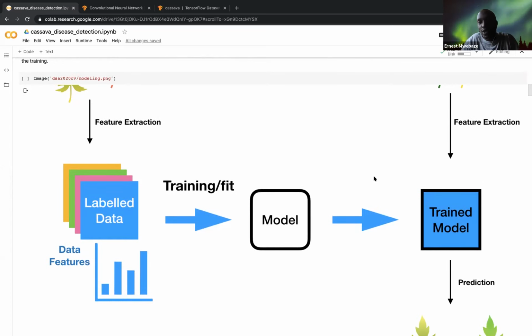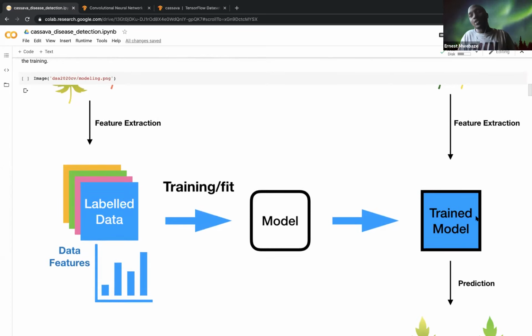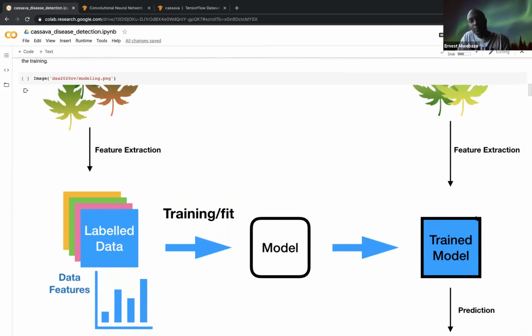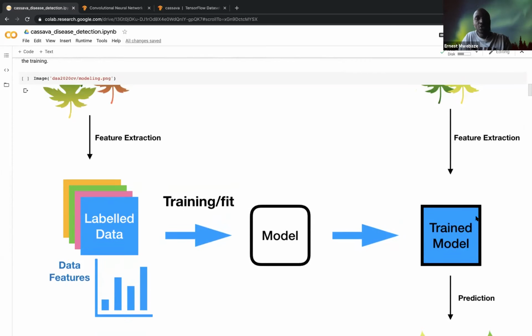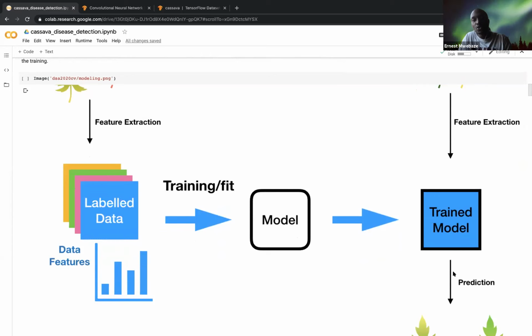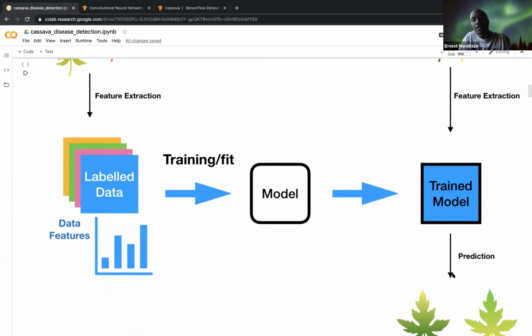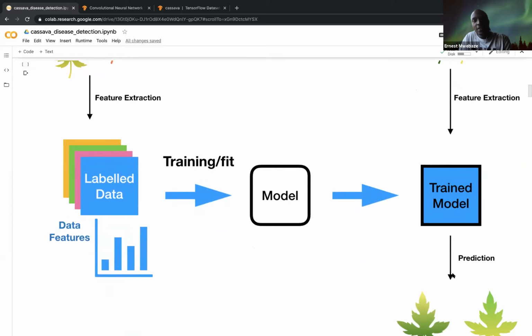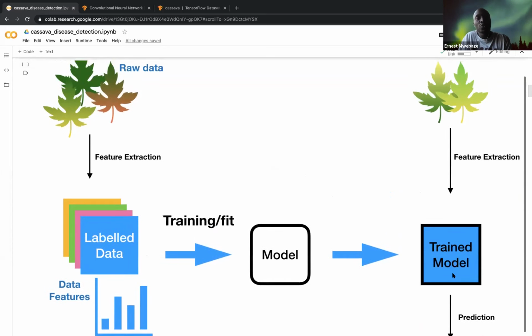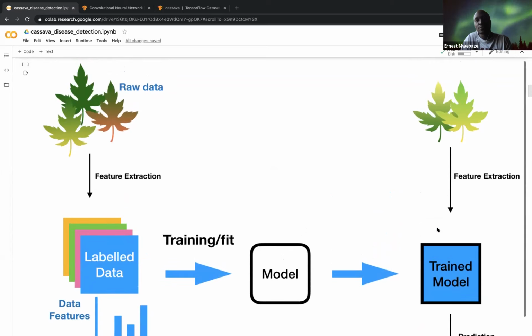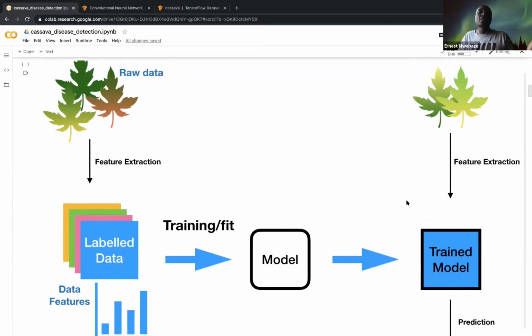And then once you have your trained model, you want to do prediction. You want to use it to say, given a new image, is this diseased or not? But what you can also do with CNNs, as we'll see, is use them to extract features from images.